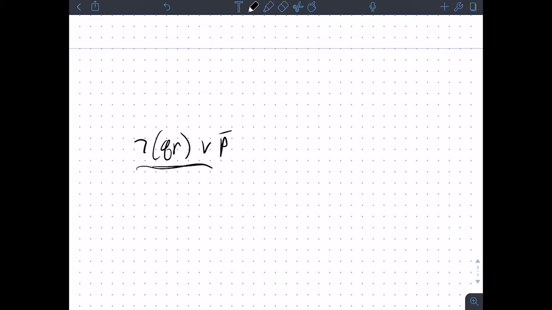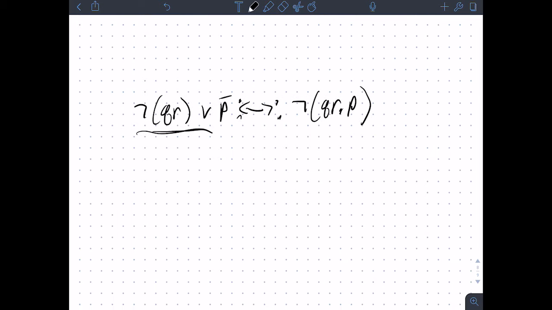So this would turn into a negated conjunction. It's equivalent to the negation of Q and R and P, and I'm leaving the dot in there to make it clear what's going on. It's not the scariest stuff in the world.